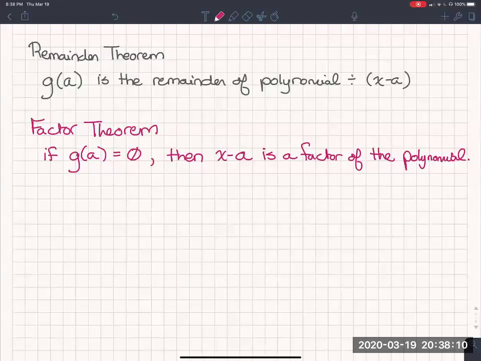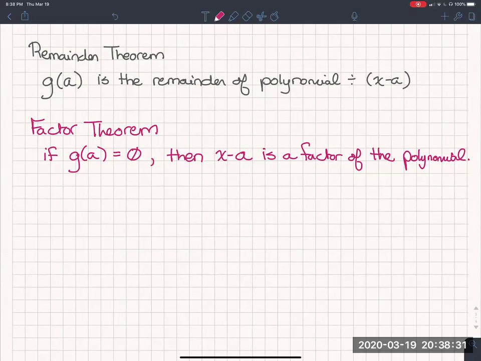Okay, also last lecture we talked about the remainder theorem and the factor theorem. Just to remind you, the remainder theorem says that a polynomial g of x evaluated at a is the same as the remainder of g of x divided by x minus a.